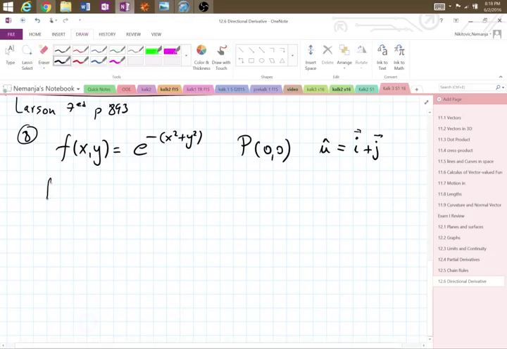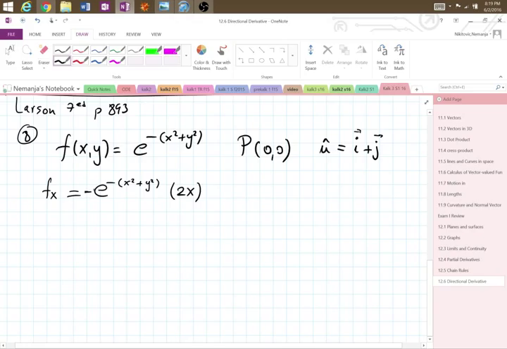So the partial derivative with respect to x, well, it's e, so copy the same and then chain the derivative in the exponent, and wow, that does give us 0 for this vector.